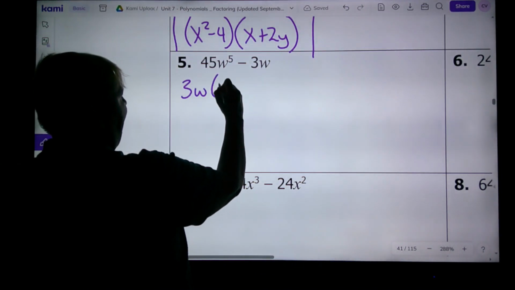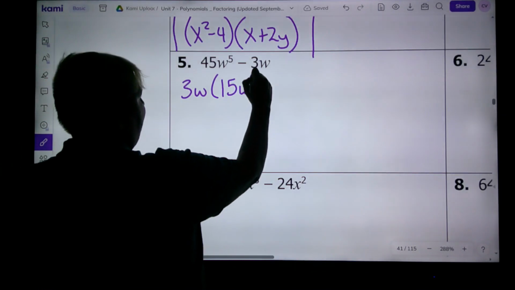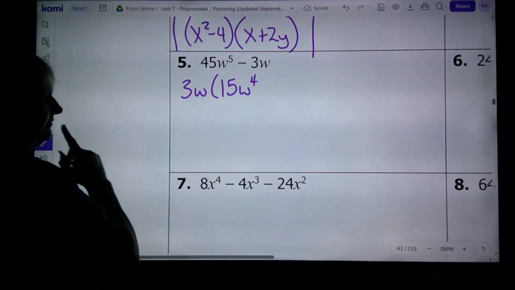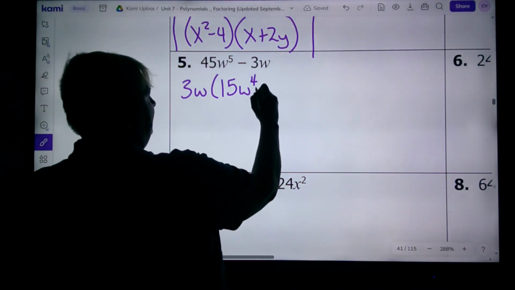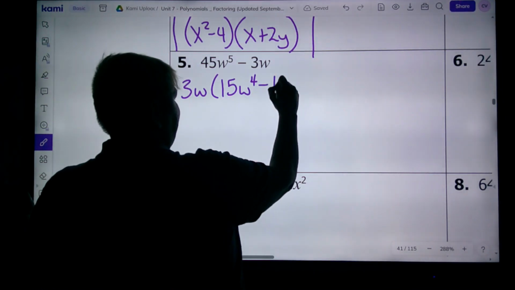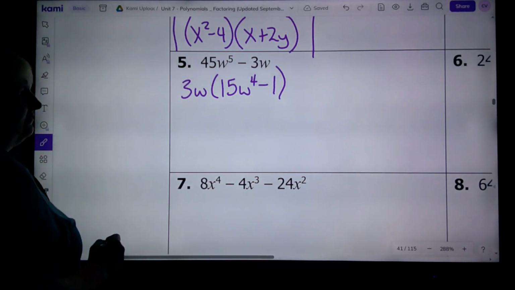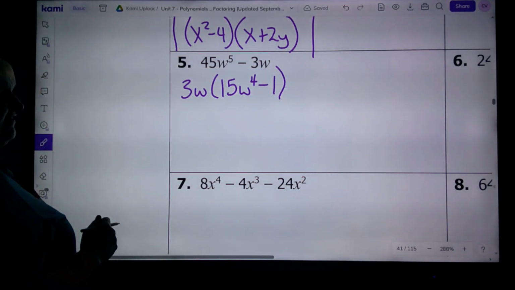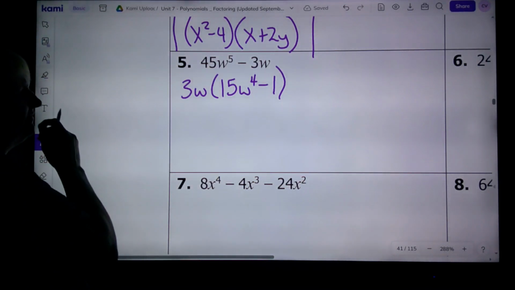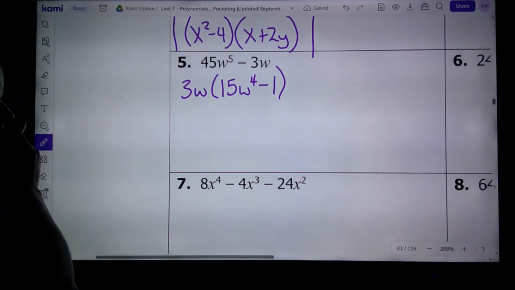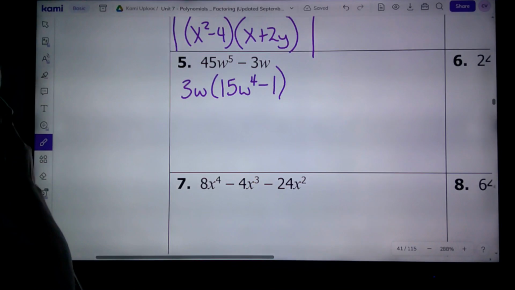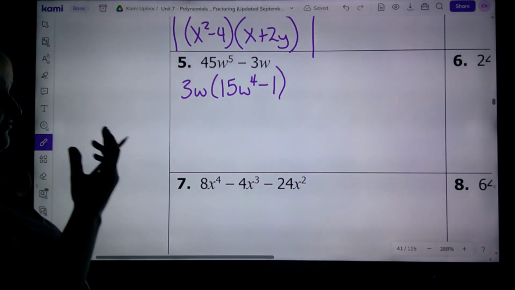And then what do we have left? 15w^4 minus 1. Can you factor anything out of that? I don't think you can. I think that's it. That's as far as you can go.